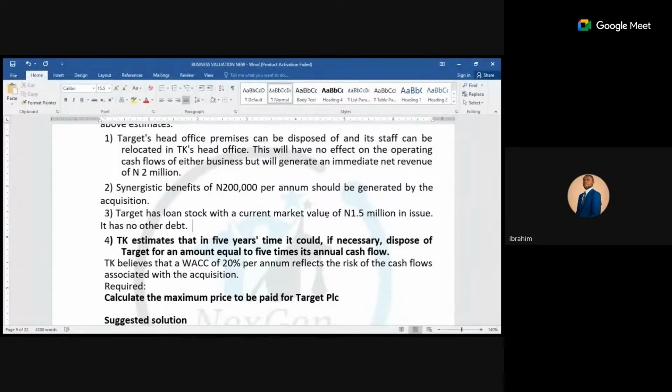You will check the statement of financial position, where you will have the value of the debt, divided by the nominal, times the market price. We give you the value of that debt.